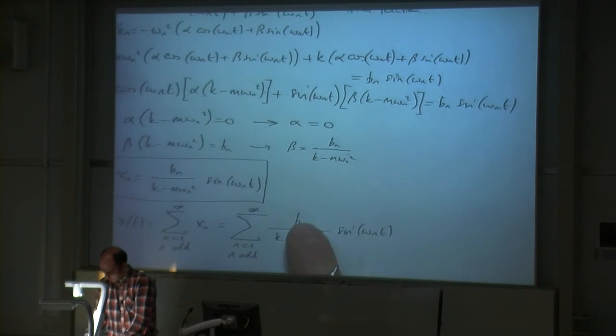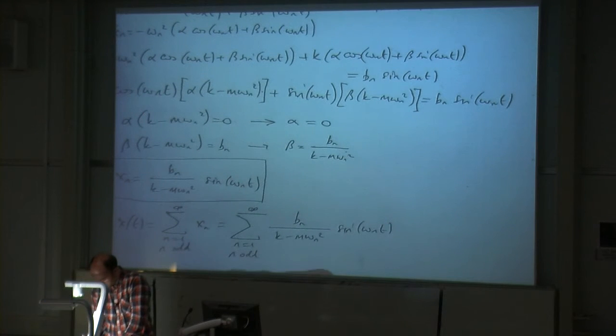And so the next step is obviously to stick in what b of n is. Okay, so there's a sum, n equals 1, n odd, from 1 to infinity. We have 8a over pi squared n squared, times minus 1 to the power of n minus 1 over 2, times sine of omega_n t, divided by k minus m omega_n squared.